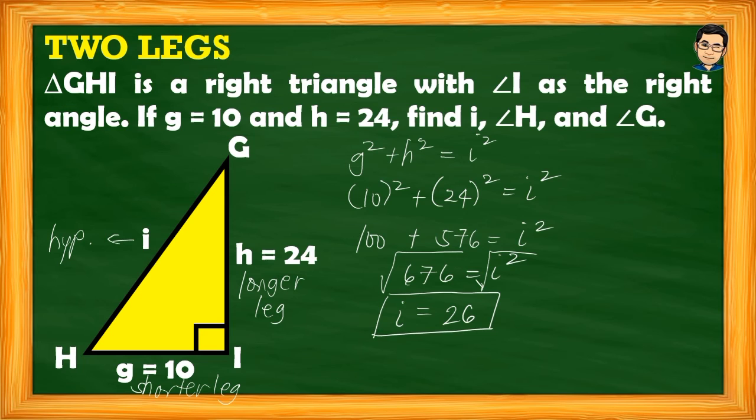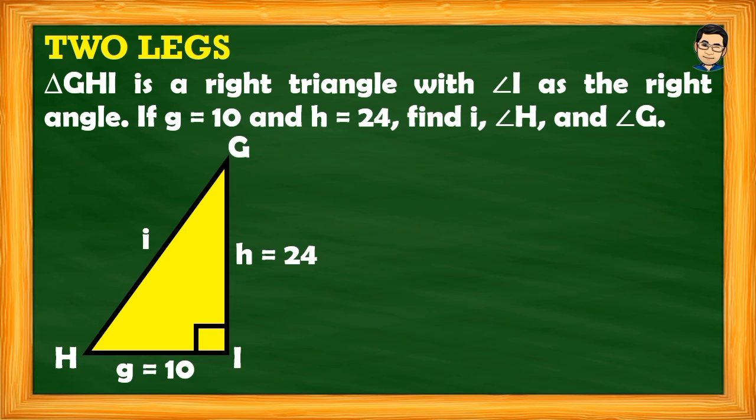So isang indication dyan na maaring tama ang sagot mo, mas mataas syempre ang makukuha nating sukat kesa dun sa dalawang legs. As you can see, 10 and 24 are both less than 26. Okay, so through checking naman malalaman natin kung tama ang ating mga sagot.